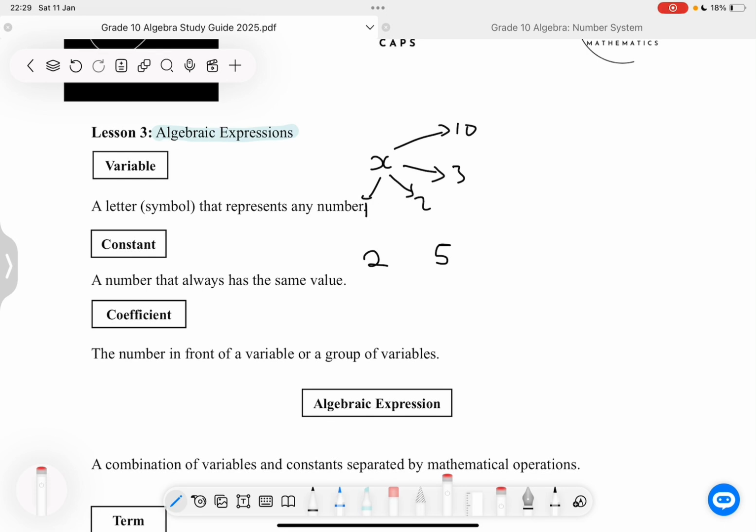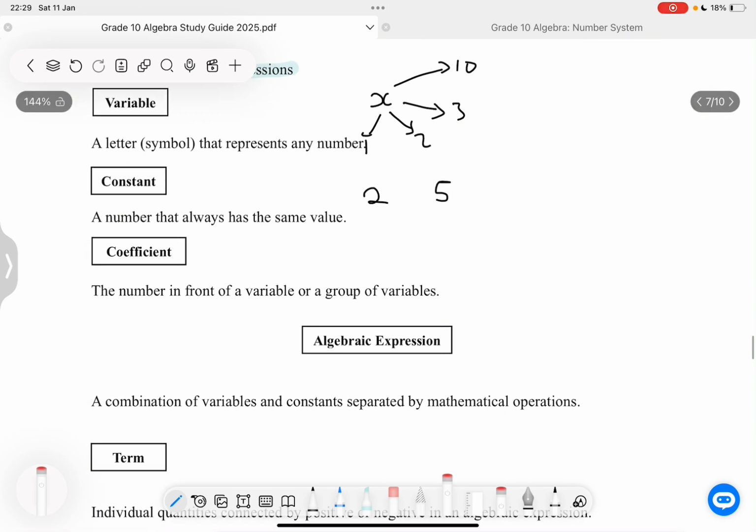The third term that we are going to look at is called a coefficient. A coefficient is a number in front of a variable or a group of variables. So for an example, we can have 2x, right?